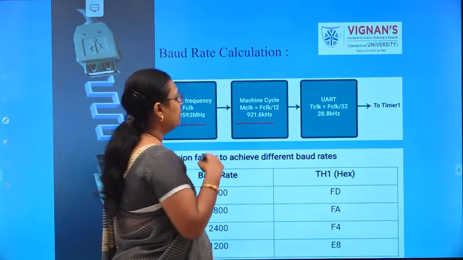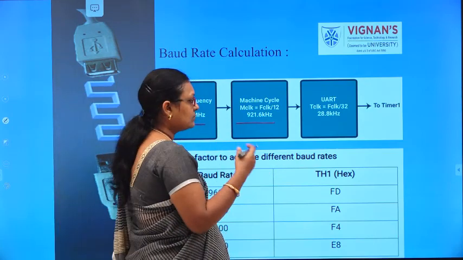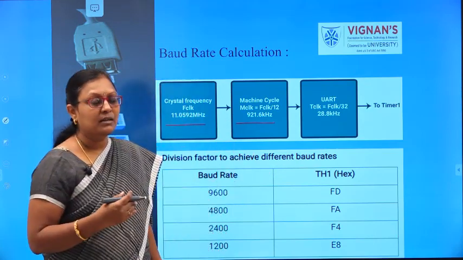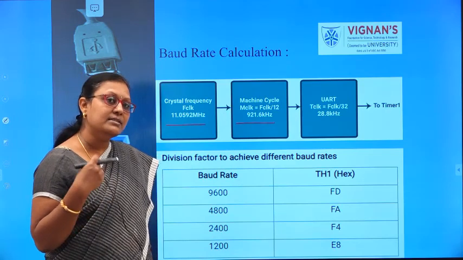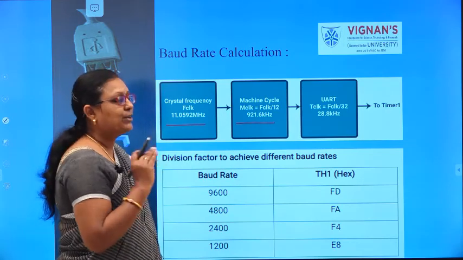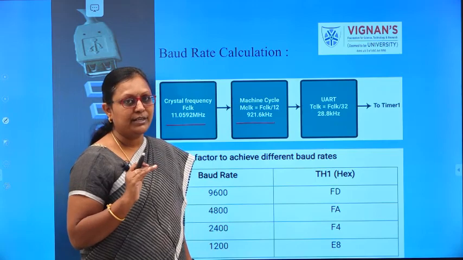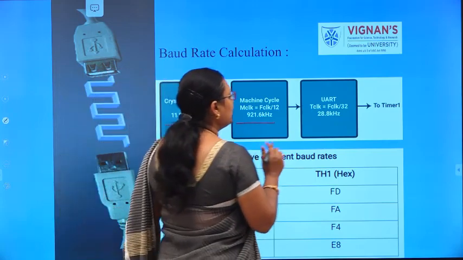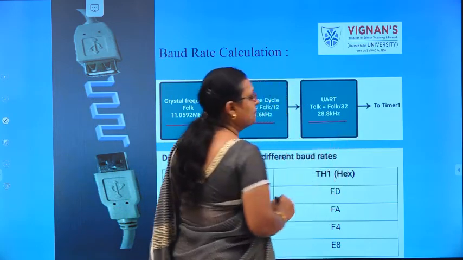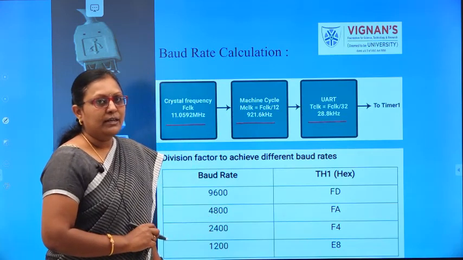Clear? And when we are going for UART, UART is nothing but the universal asynchronous receiver transmitter, which we use in the serial communication technique, right? In this UART, we will use 28.8 kilohertz.